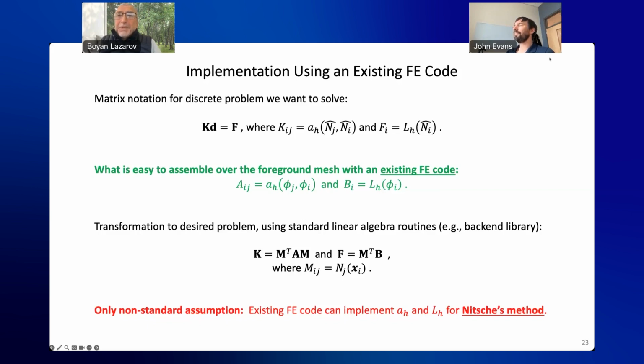So let me ask several questions. You mentioned at the end extension to meshless, mesh-free approaches. Now, if we do this approach for meshless approaches, do we need the stabilization? That's a really tricky aspect, right? Because why do you need stabilization?